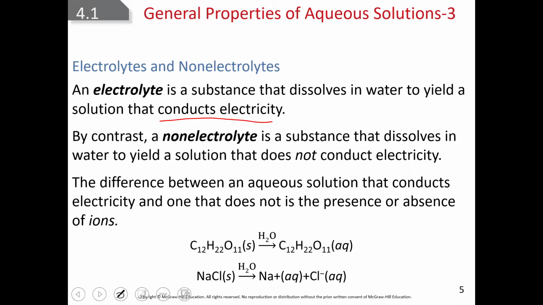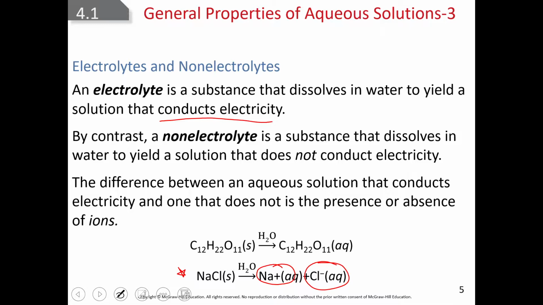A good example of this comparatively is sodium chloride and sugar. Sodium chloride, as you can see here, will break up into its individual ions. When these ions are formed in solution, that allows electrons to flow if I have the proper setup, which will be able to conduct electricity.